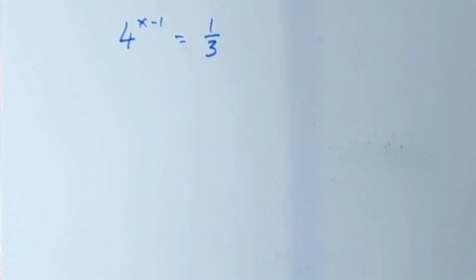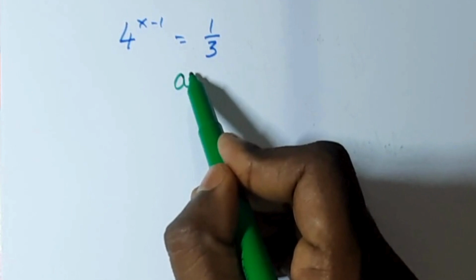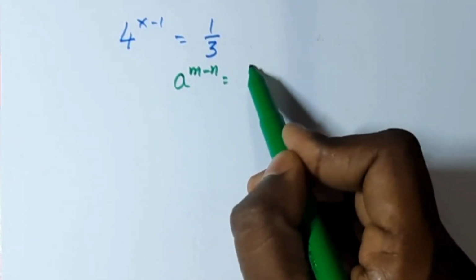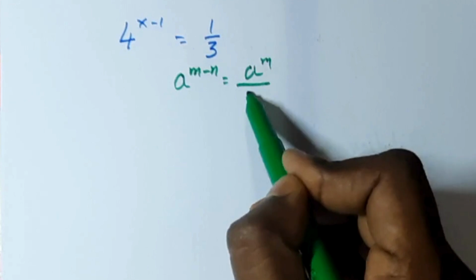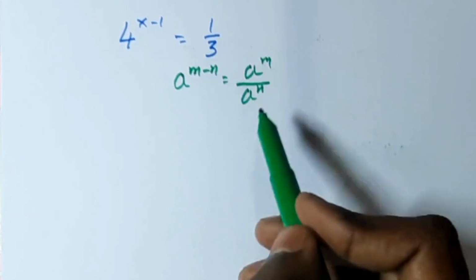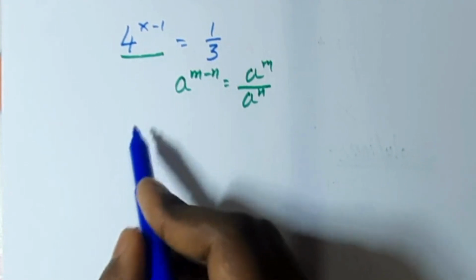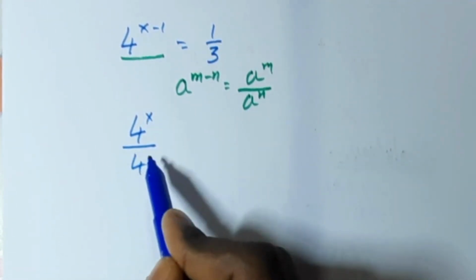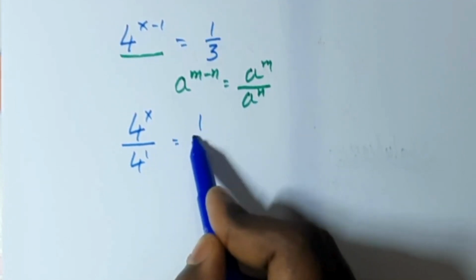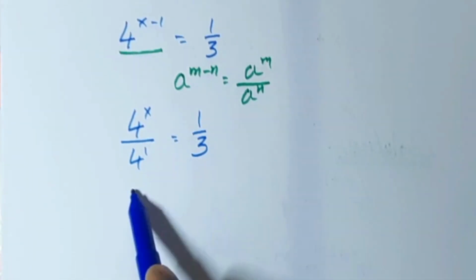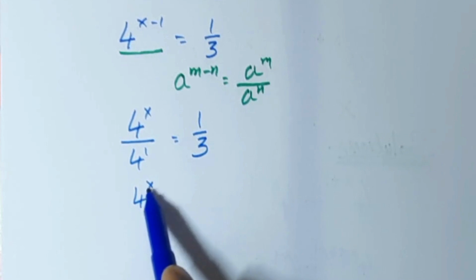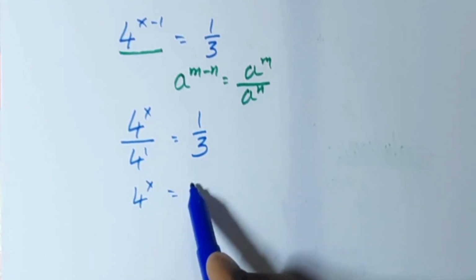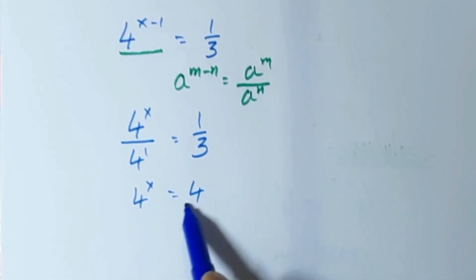We know the formula that a power m minus n equal to a power m by a power n. We are going to apply this here. So 4 power x by 4 power 1 equal to 1 by 3. 4 power x equal to, we are bringing this 4 to the right hand side, that is 4 by 3.